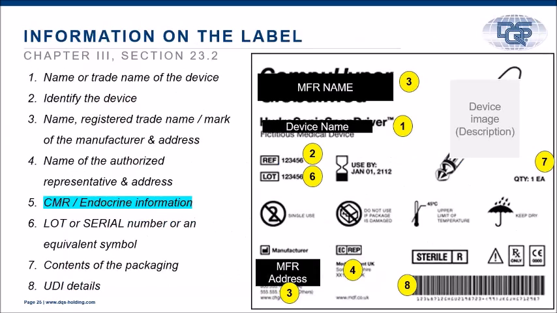So this is just an example of a label in terms of the requirements. Name or trademark, trade name of the device, identification of the device, registered trade name. So these are all the requirements which need to appear on the label. UDI details. This is a specific requirement which has come up in the MDR, the Unique Device Identifier, UDI.